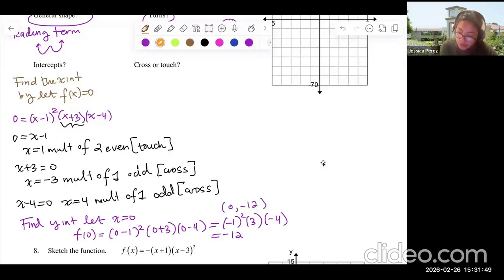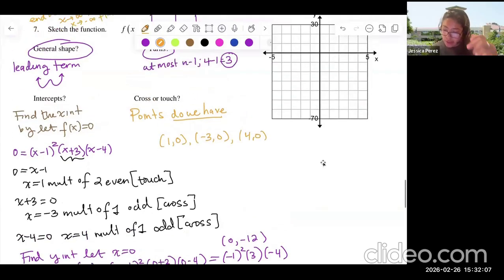So which points do we have? We are going to have the points 1 comma 0, negative 3 comma 0, and 4 comma 0. So let's go ahead and plot that.